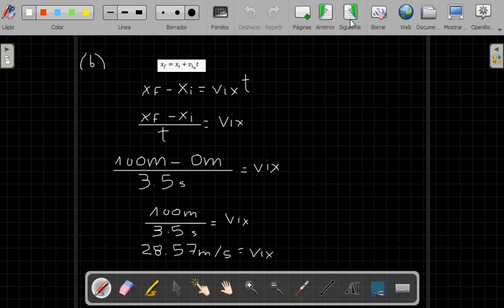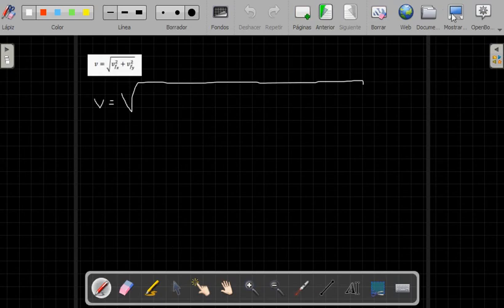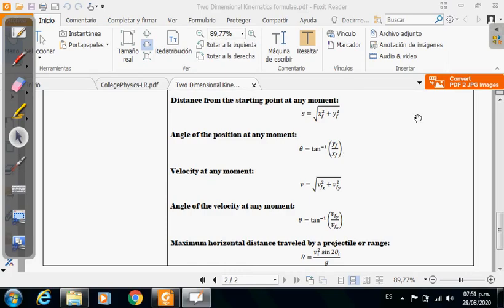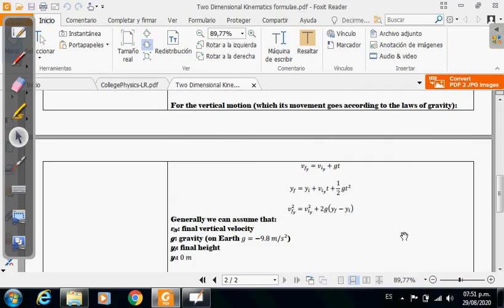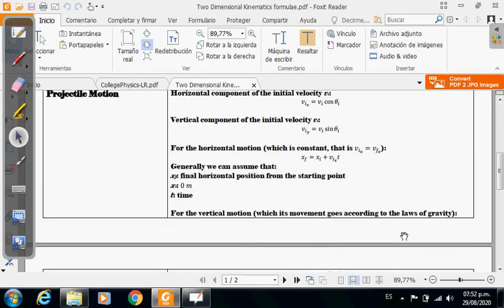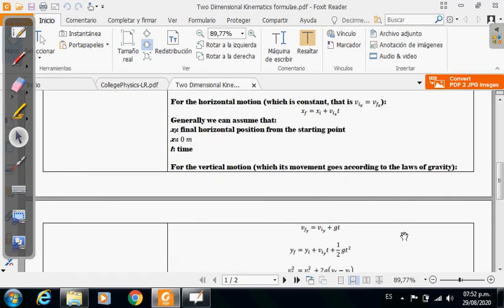But don't worry about that, because according to the laws of gravity, and I also wrote it here, I pointed out here, and for the horizontal motion, which is constant, we have this equation, and that means that the initial horizontal velocity will be equal to the final horizontal velocity. It will be the same at any moment.